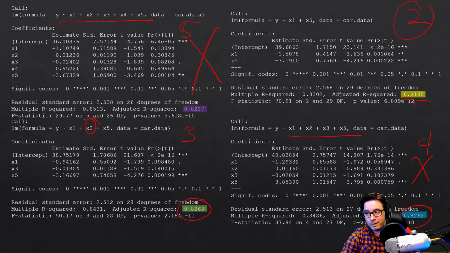So the model we like the best is model 2, right? Because we're just giving up 100th. It's not that big of a deal. Even if it was a couple hundredths, whatever, easy. We have fewer predictors and a really good adjusted R squared that's pretty close to those other ones. Okay, so that's the one we like, and we'll come back to that in a little bit.